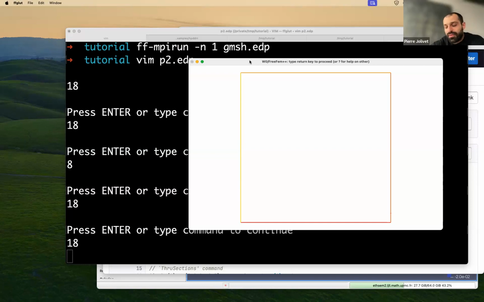I'm not sure of, I mean, again, you don't use FFGlut for high order visualization. Do not expect FFGlut to print what the real P2 nodes are, because FFGlut does some magic to go from P2 to P1, so it's not that easy to figure things out.